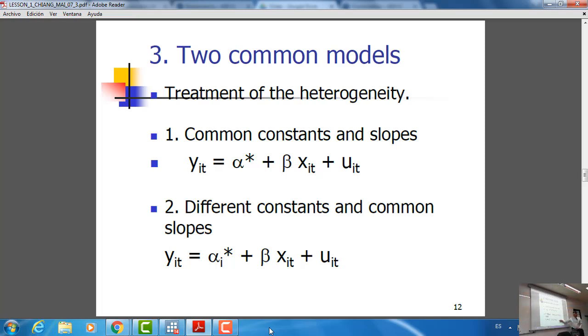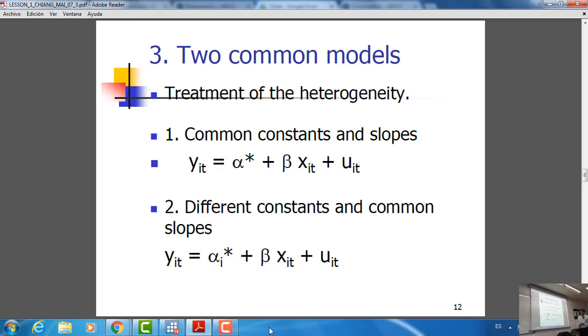So this model here, the model with different constants and common slopes, y_it equals alpha_i star plus beta x_it plus u_it. This is a wonderful, very simple model, and we are going to work with it extensively because it's very useful.